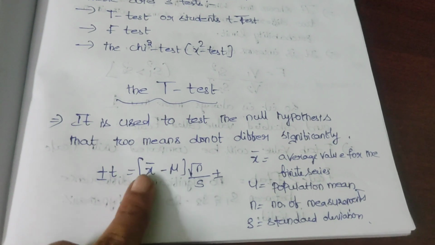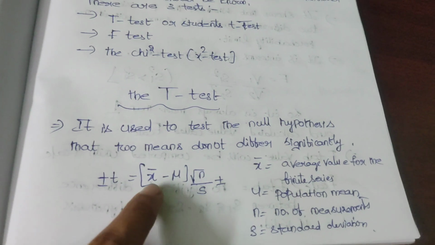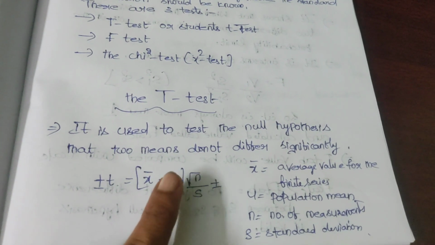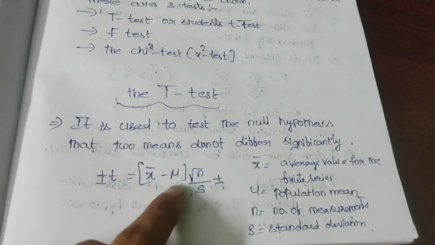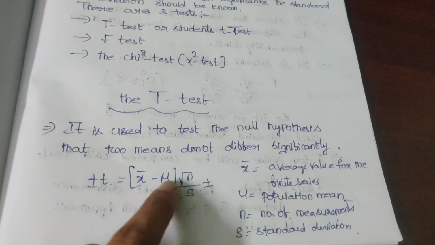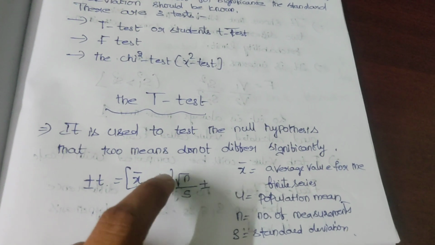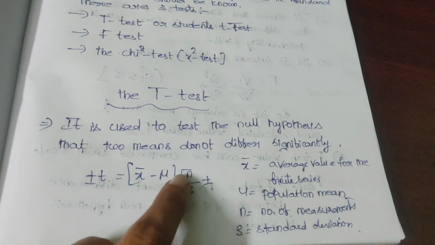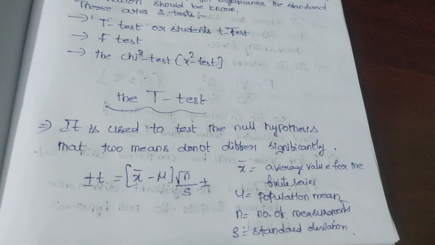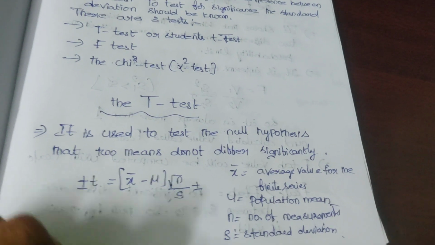So x is the average value of the finite series whose mean we calculate, and mu is the population mean, the mean calculated for the standard method. Root n is the number of measurements we are taking, and s is the standard deviation. So t equals (x minus mu) times root n by s.